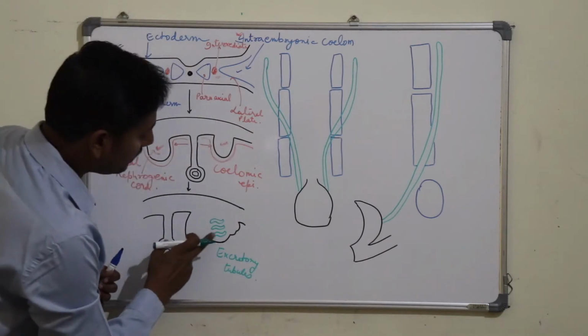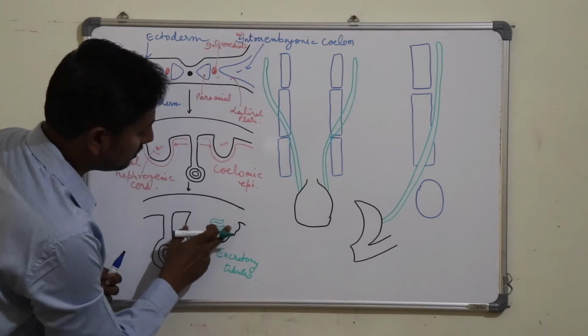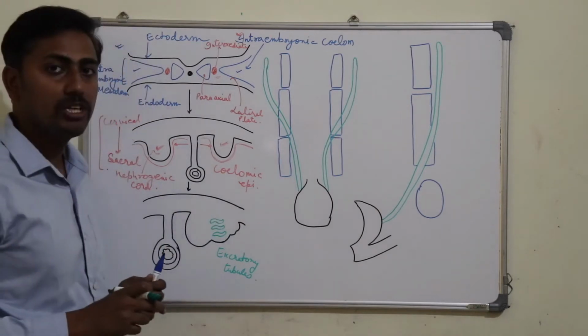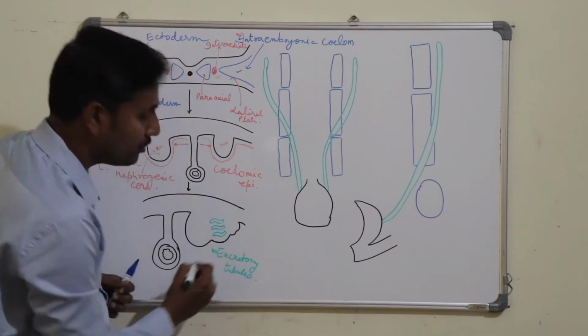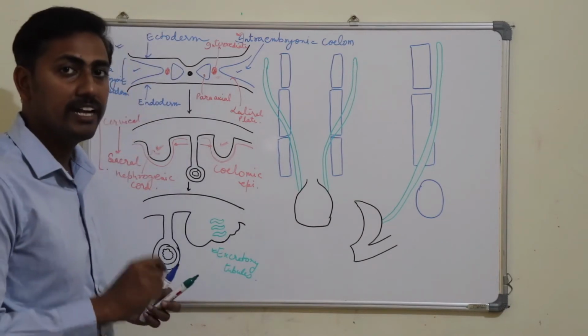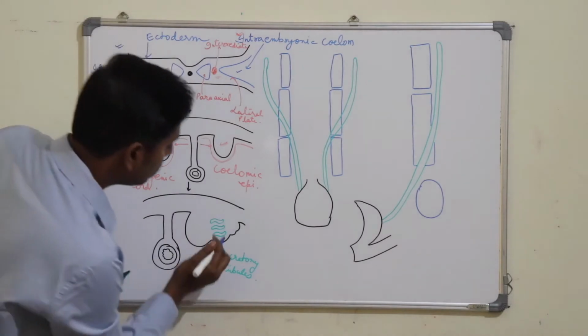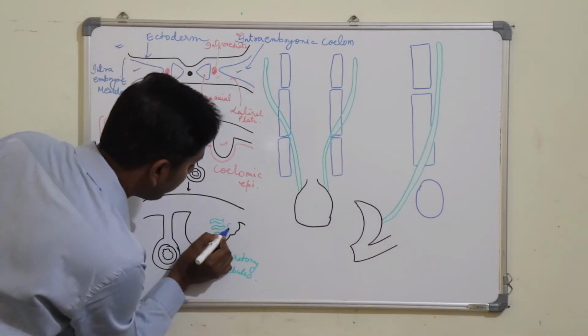Lateral to the excretory tubules, a duct forms which is closely related to the excretory tubule, known as the nephric duct. So here forms the nephric duct.